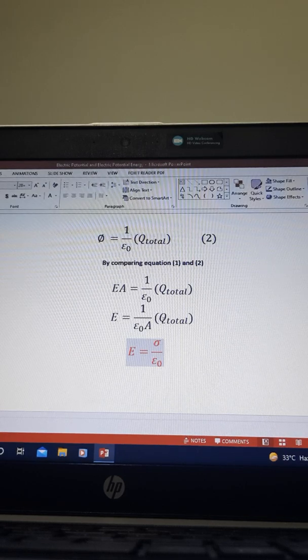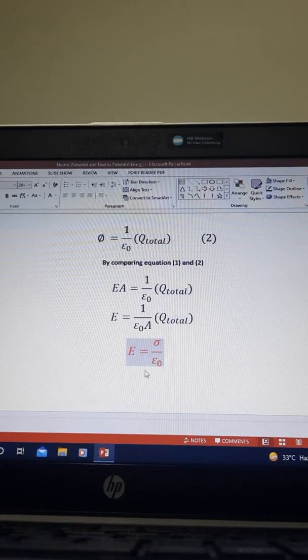So here I am having areal charge density, surface charge density, the charges per unit area, and that is sigma. So electric field comes out to be sigma by epsilon naught. This is actually the electric field we have calculated for the oppositely charged parallel plates.